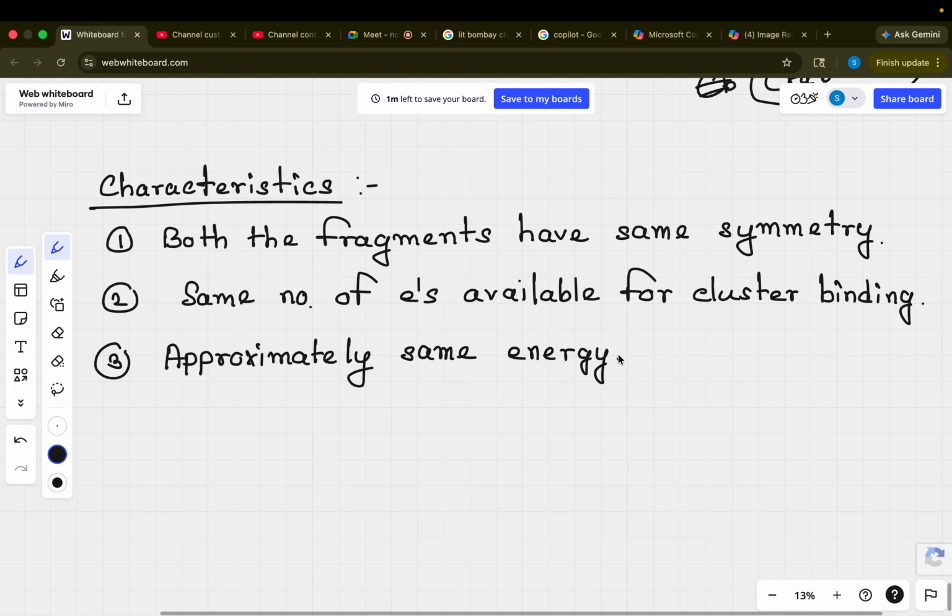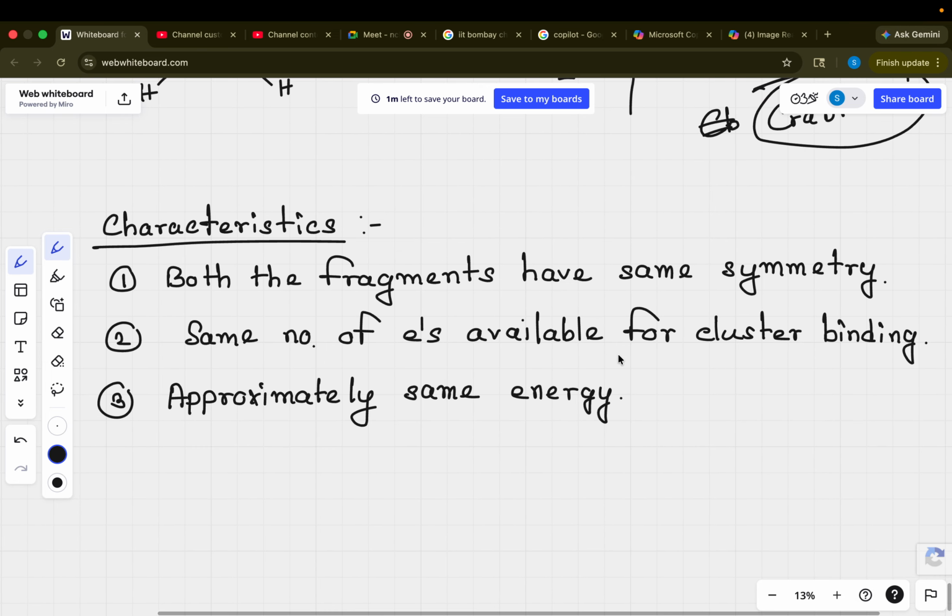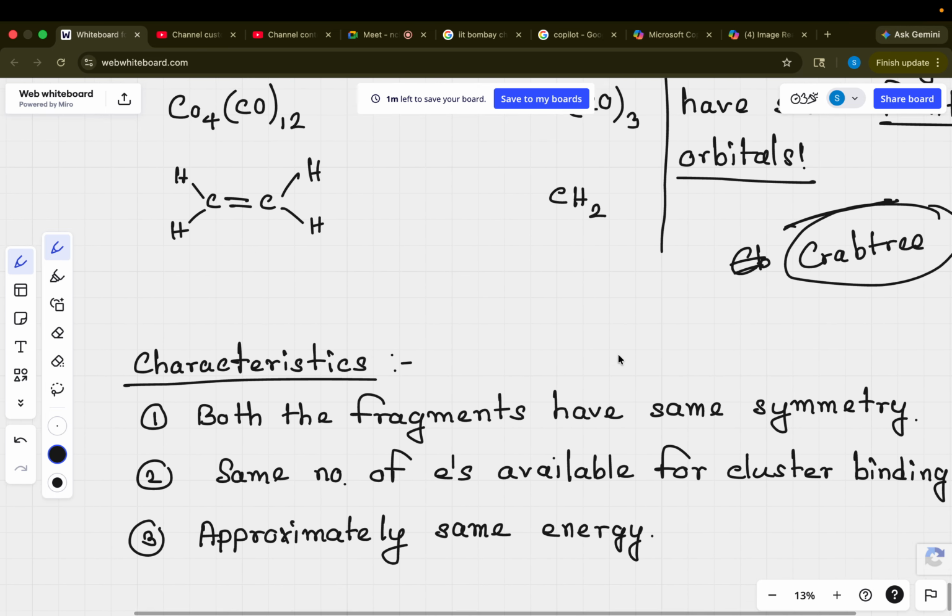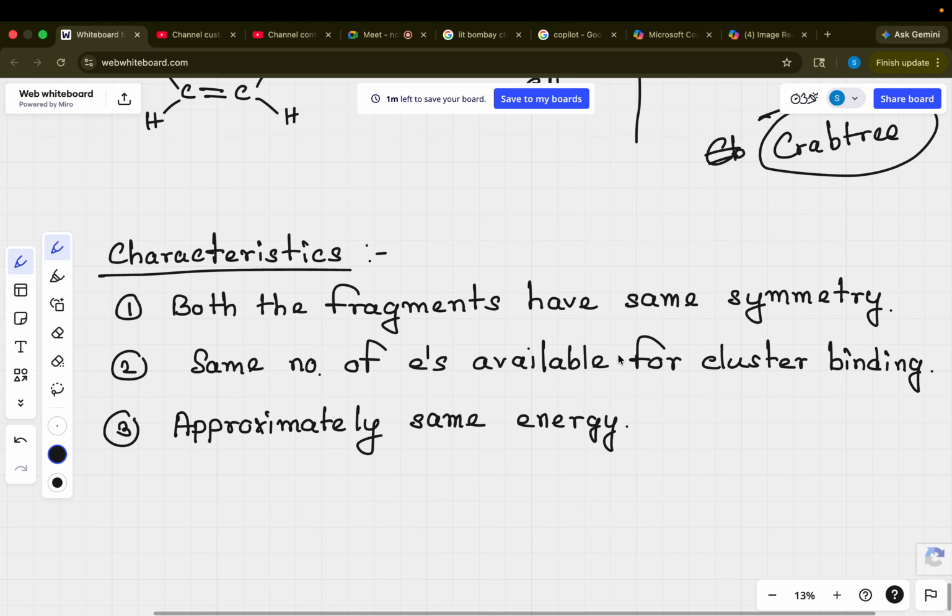Sir, what energy are they considering here? Energy can be of different types. Basically, suppose you have CH3 dot and another CH3 dot. If they combine with each other, that is the binding energy they are considering. Suppose you have one H dot and another H dot. These two species should have the same energy.